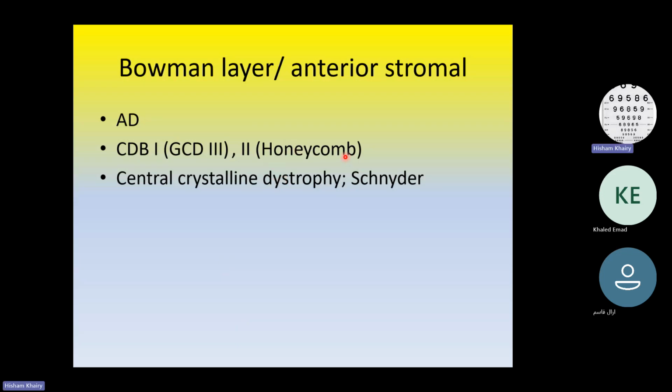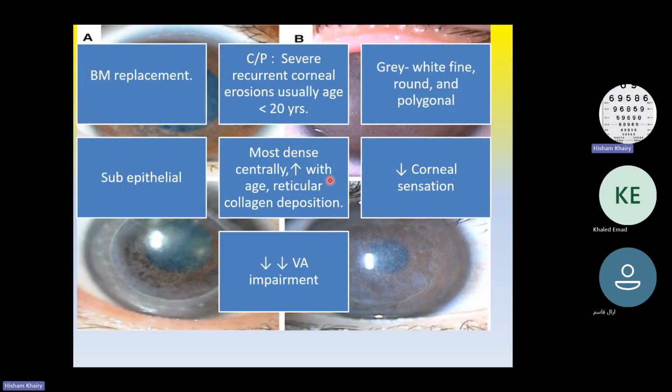Like honeycomb dystrophy or central calcific dystrophy of Schnyder. In these, there is Bowman's membrane replacement. It is subepithelial.